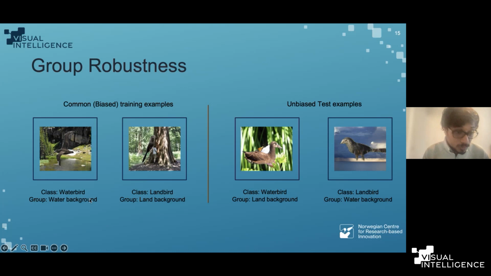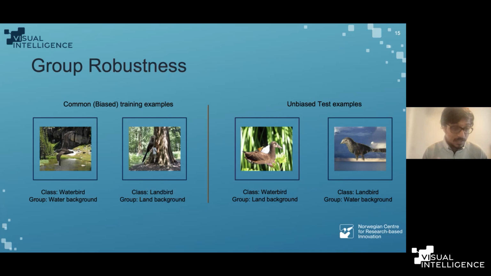The authors introduce one particular spurious correlation in the dataset, which is the background. So what they do is in the training data, 95% of waterbird images have water-based backgrounds, and 95% of landbird images have land-based backgrounds.